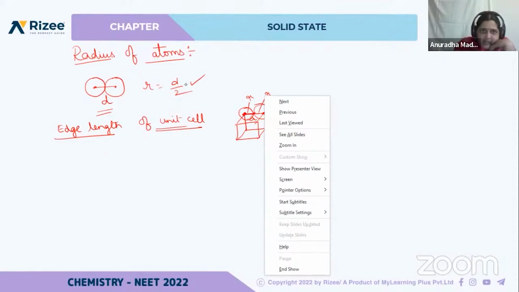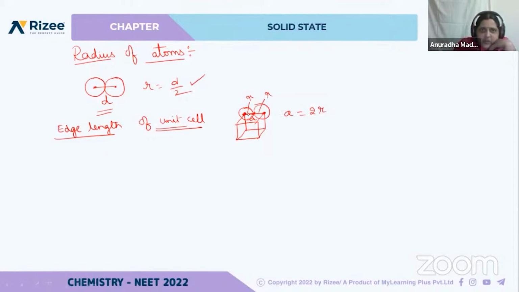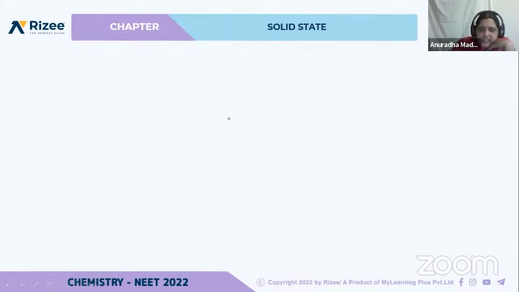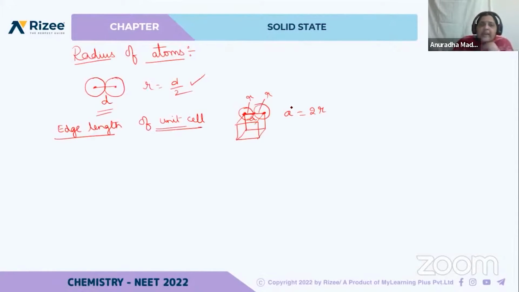Half of the distance, the diameter, is the radius. This is one more radius, but the total length is the edge length. So A equals 2R, or else R equals A by 2. This is in the case of a simple cubic unit cell.